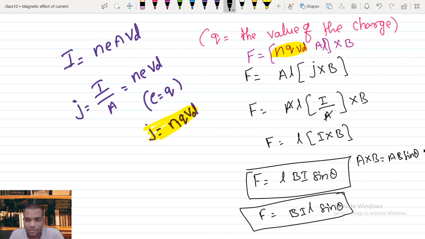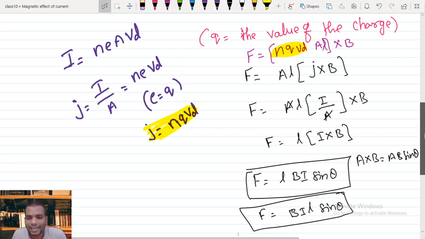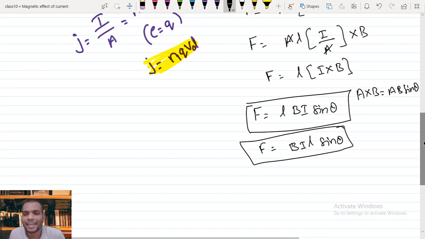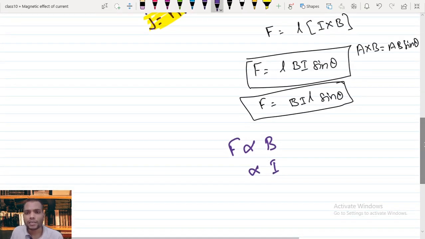These expressions we can write for a straight current carrying conductor, because if it is straight, we can easily measure its length. Now force is directly proportional to the strength of the magnetic field, directly proportional to the amount of current passing through the conducting wire, and also directly proportional to the length of the wire.